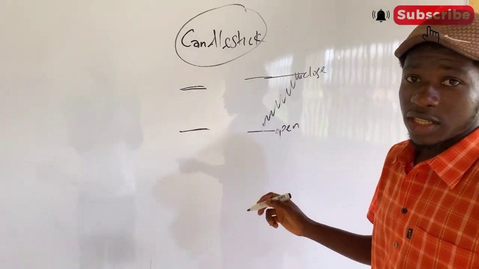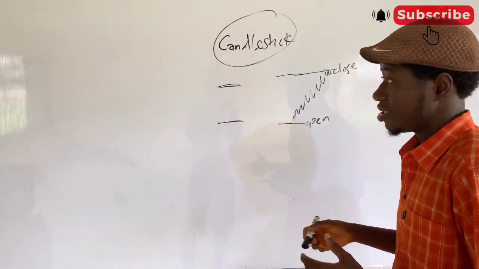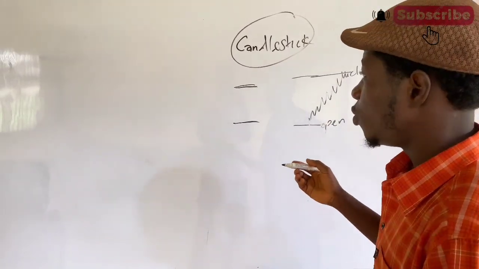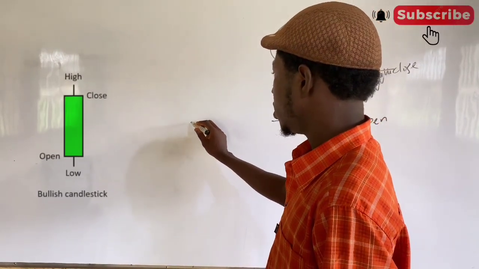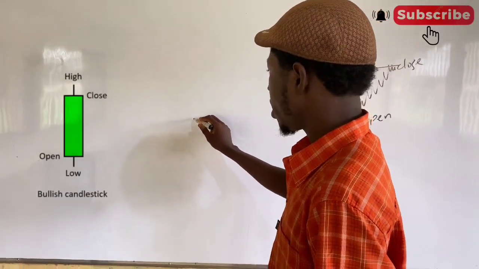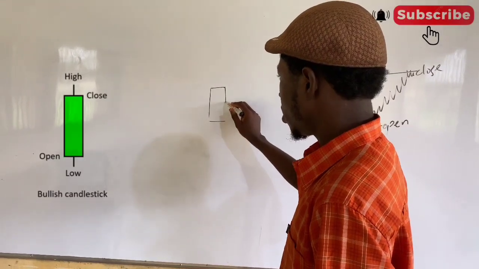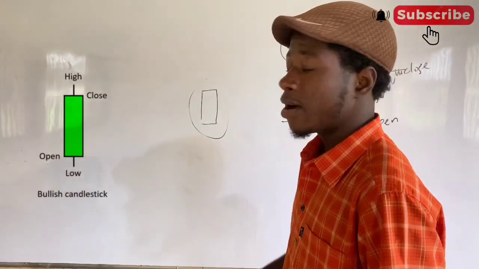With this, we can also understand what the market participants are doing. So for a bullish candlestick, it looks like this. It opens, trades up and closes. This is called a candlestick bar.